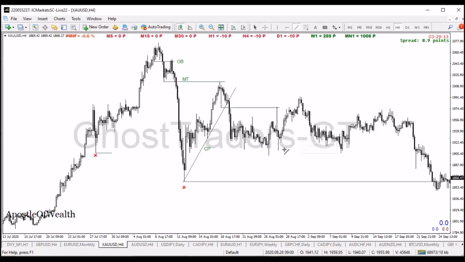So what you're going to be looking for is anything that supports the idea or the order flow that we have at this moment. We say the market is bearish, based on what we see here, price taking out previous lows, which simply signals to us that we are bearish.